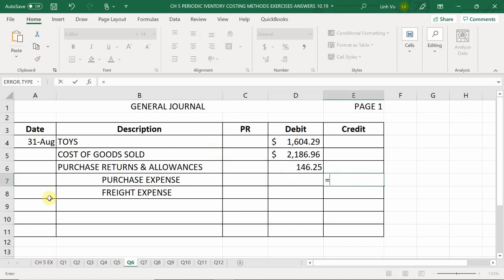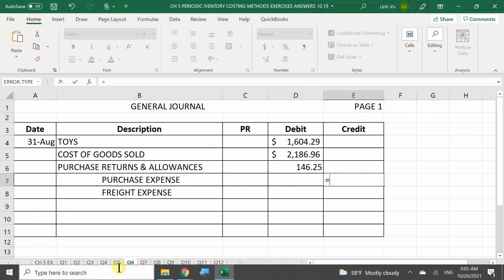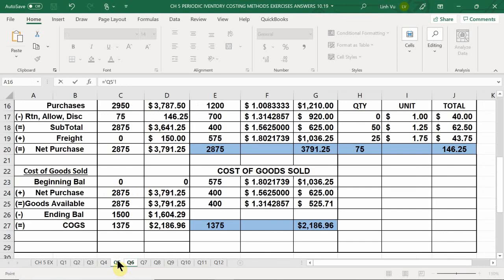What was my total original purchase price without the freight? 150. Okay, that's the freight. 3,641.25.